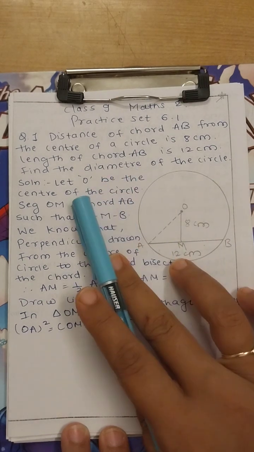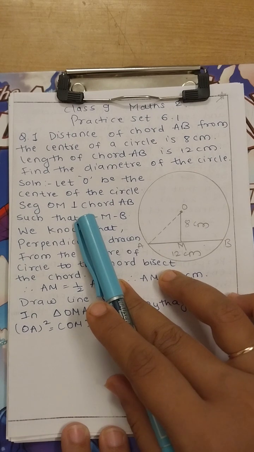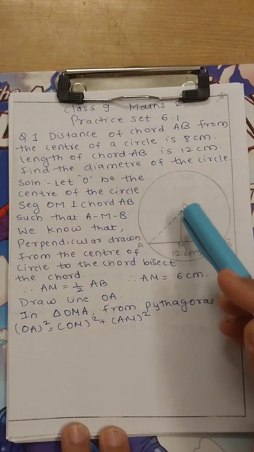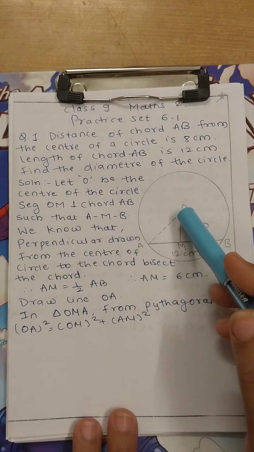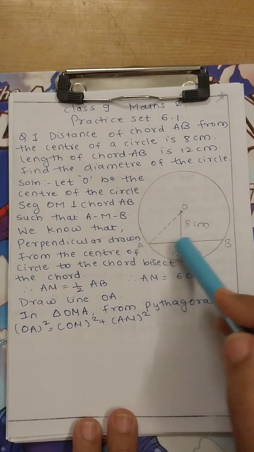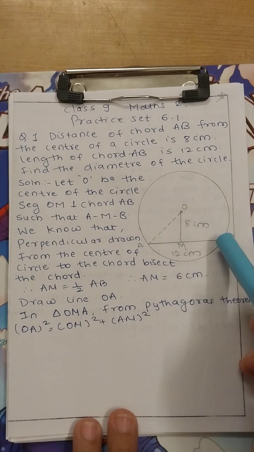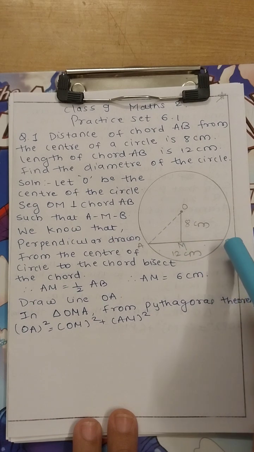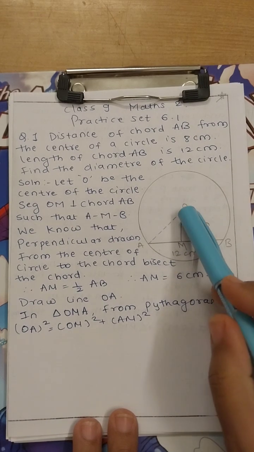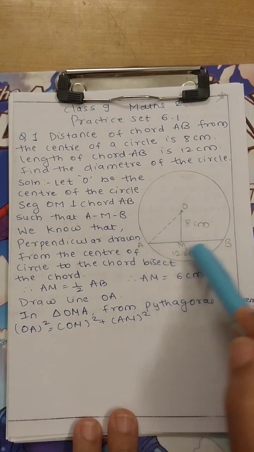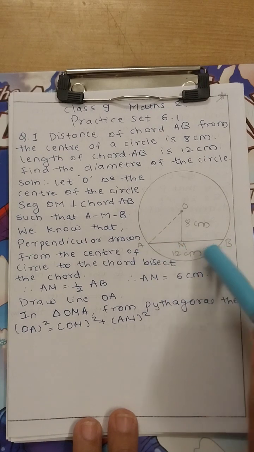So let's assume O is the center of the circle, because it is not given. Segment OM is perpendicular to chord AB such that A-M-B.